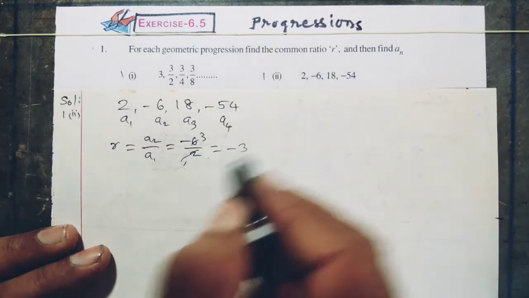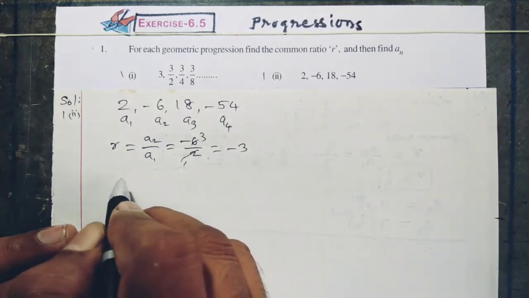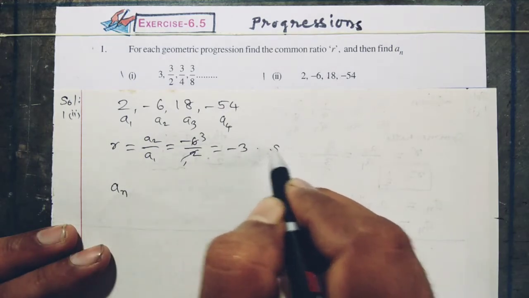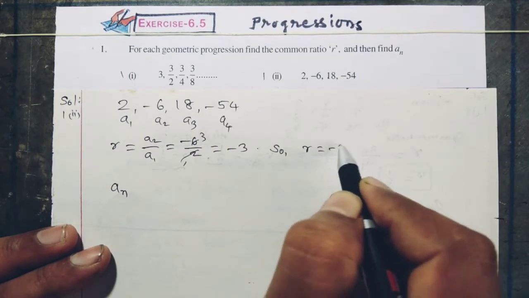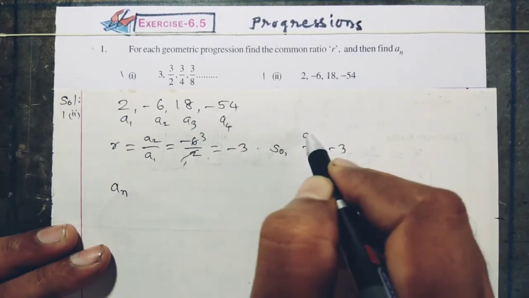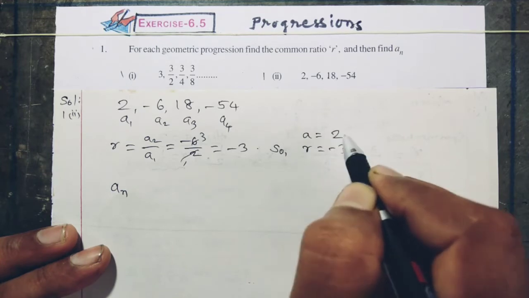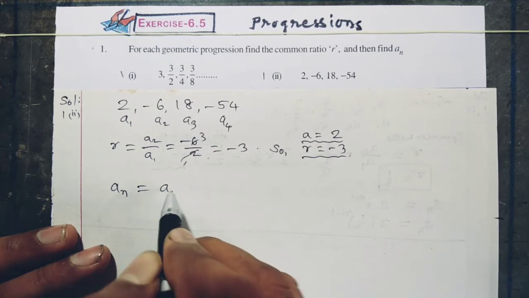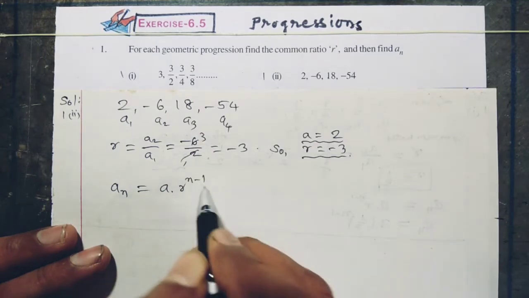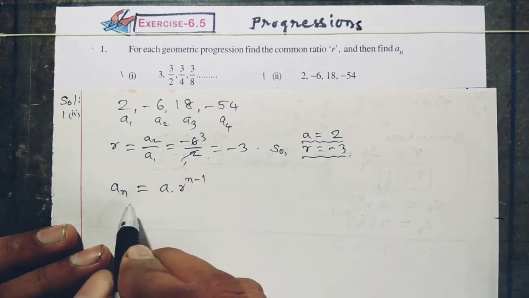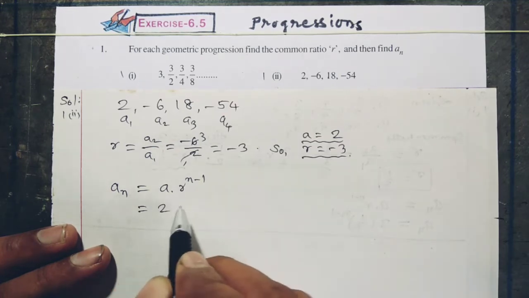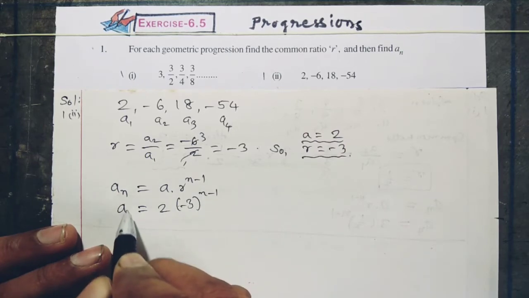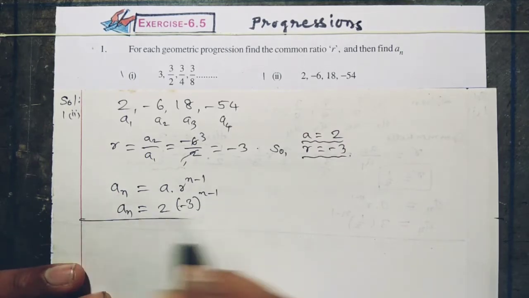And also asked AN. R is equal to minus 3 and A is equal to 2. AN is equal to A R to the power of n minus 1. We have to substitute in this: 2 into minus 3 whole to the power of n minus 1. So this is nth term AN.